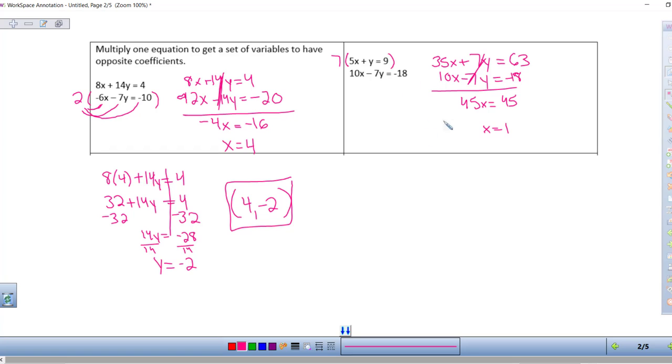Again, we use substitution into one of the originals. I'll choose the top: 5 times 1 plus y equals 9. And this will give us y = 4. Ordered pair: (1, 4).